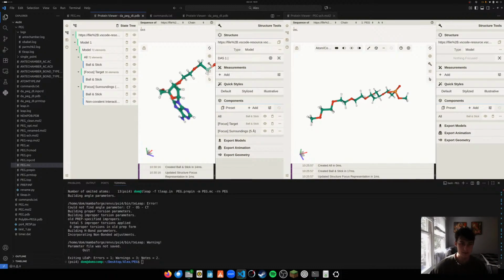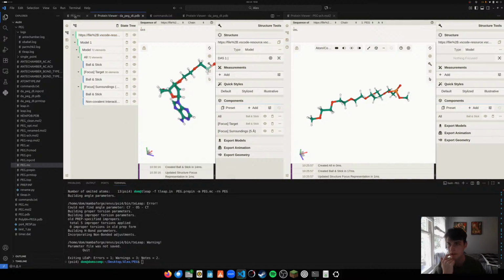So I think I replaced these two hydrogens with methyls. I think that's the move. Or it could just include the entire ribose ring. I'm gonna try that though.